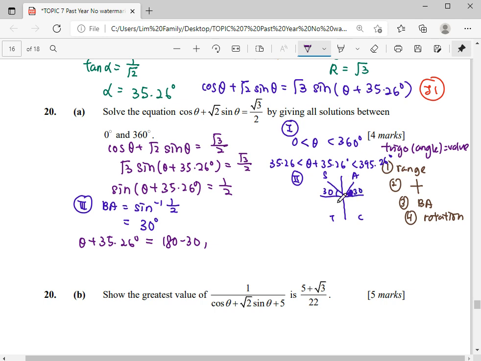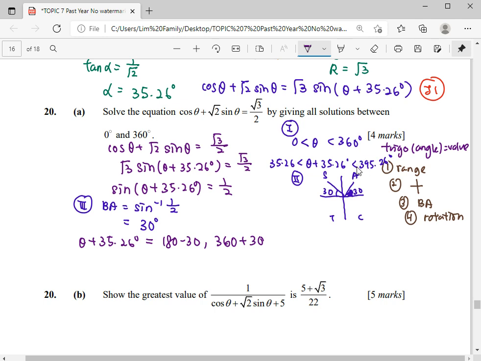So when I go for the second round, I just do 360 plus the first quadrant 30. After one round, 360, then plus the first quadrant again, we repeat the quadrant. 360 plus 30, yes, this is 390. So we have not yet exceeded the maximum range. So these are the two solutions within our range here.